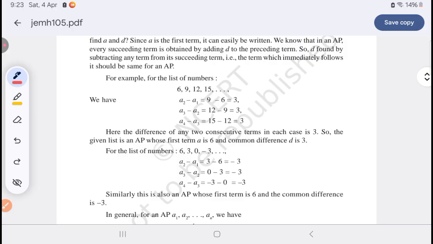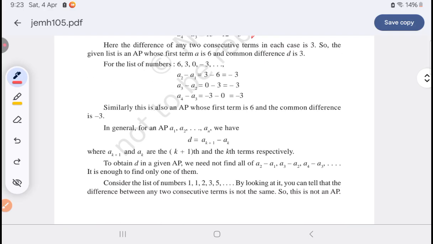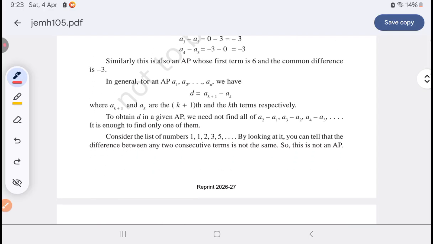So these are some more examples. The general form of d is a(k+1) minus a(k), where a(k+1) and a(k) are the (k+1)th term and kth term respectively.